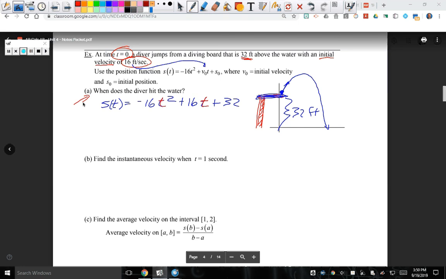Because when you say it, what is it? Is it the position? Is it the derivative? Is it the second derivative? So yes, Jordy's right. We're going to set all of this equal to 0 so that we can see when the height, aka the position, of S of t is 0.